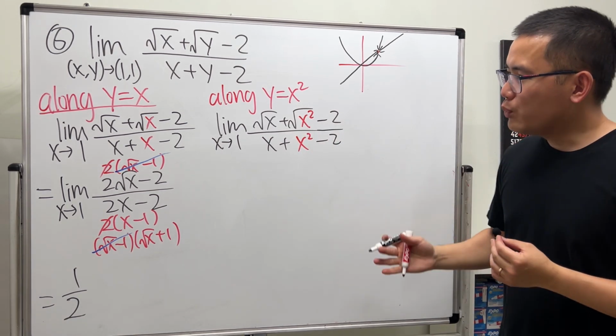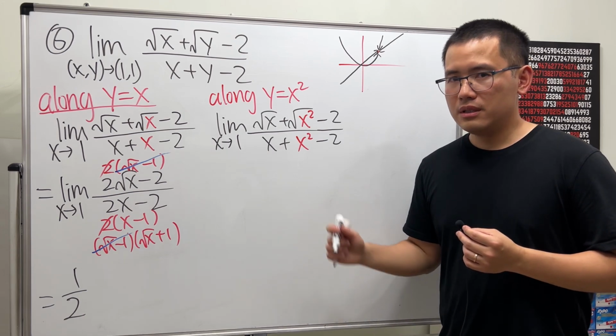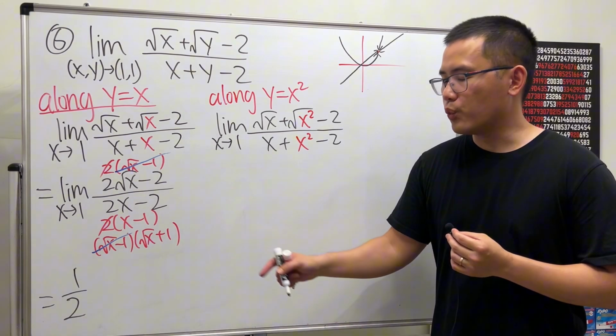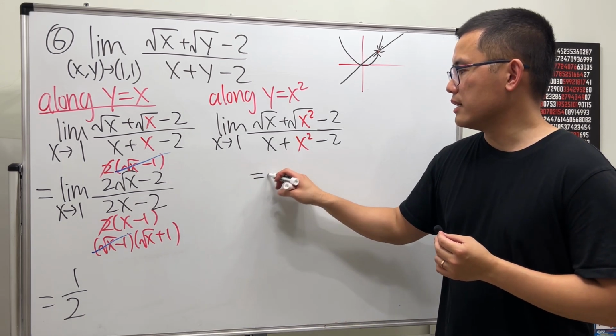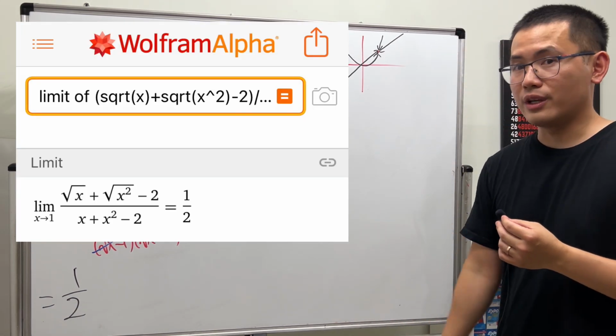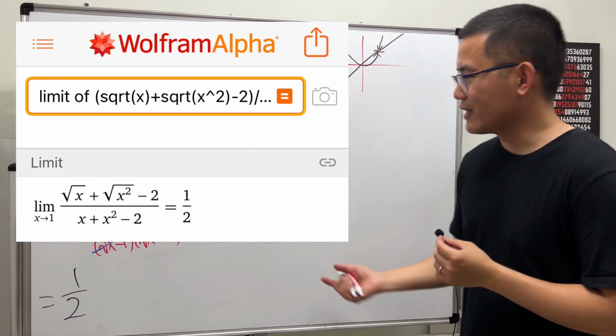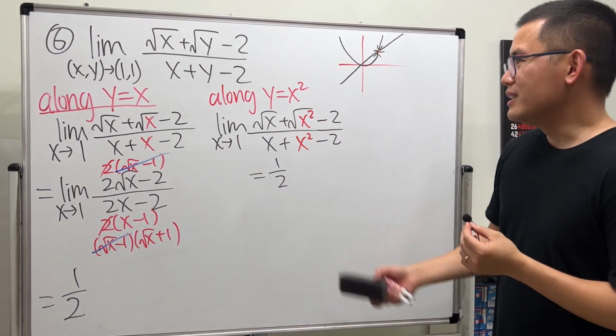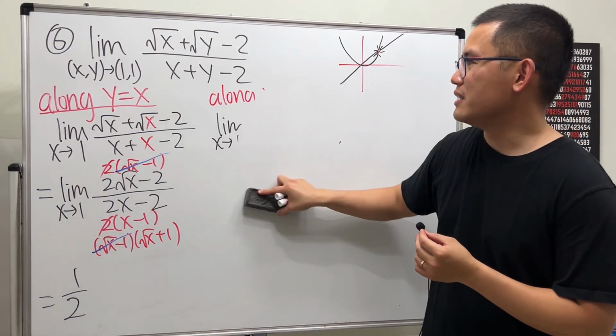And I will have to unfortunately tell you, this right here is also equal to 1/2. I'm going to leave it to you to work out all the algebra; you can check out Wolfram Alpha right here. Trust Wolfram Alpha for this one. So this right here actually does not help, unfortunately.